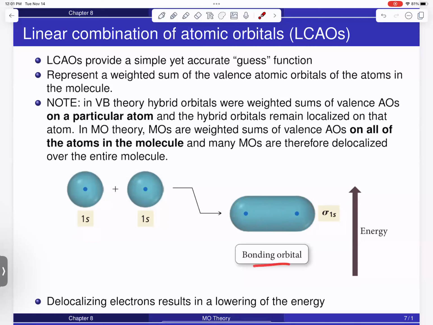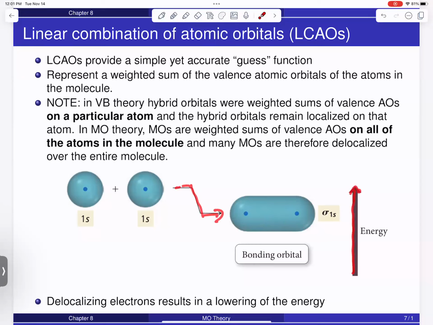And we call that a bonding orbital. What we're effectively doing is increasing the three-dimensional space that these electrons have to move around in, rather than having electrons existing in orbitals isolated on individual hydrogen atoms. Now these electrons are described by a probability distribution that's spread out over both of them. And the result is a lowering of the energy.